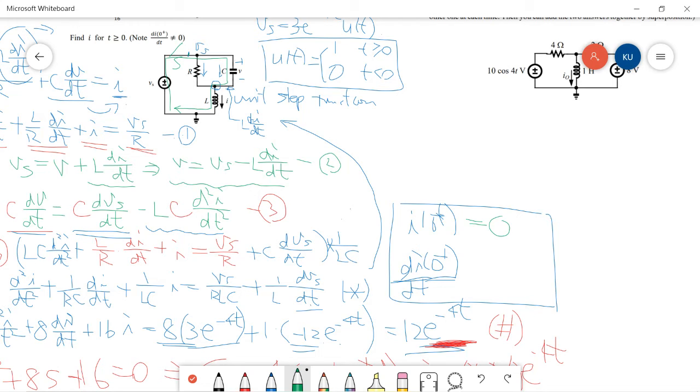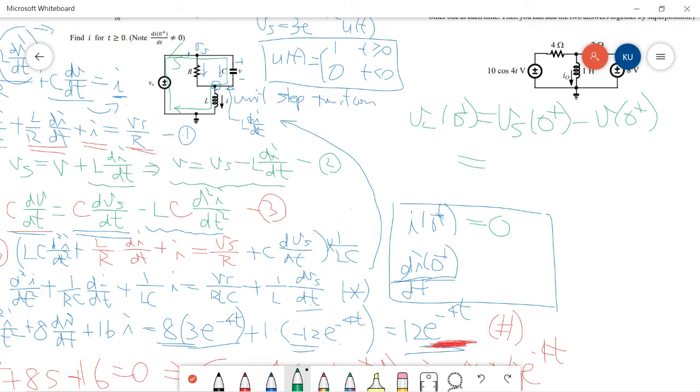And for di0 plus dt, we can actually calculate by VL 0 plus, which will be equal to VS 0 plus minus V 0 plus.